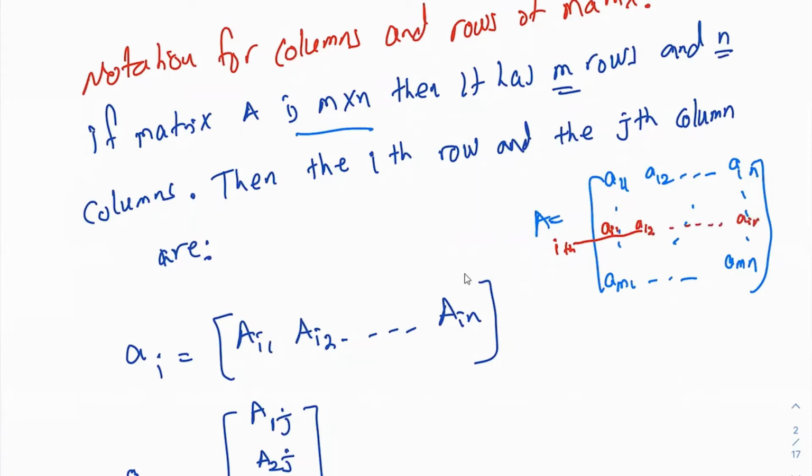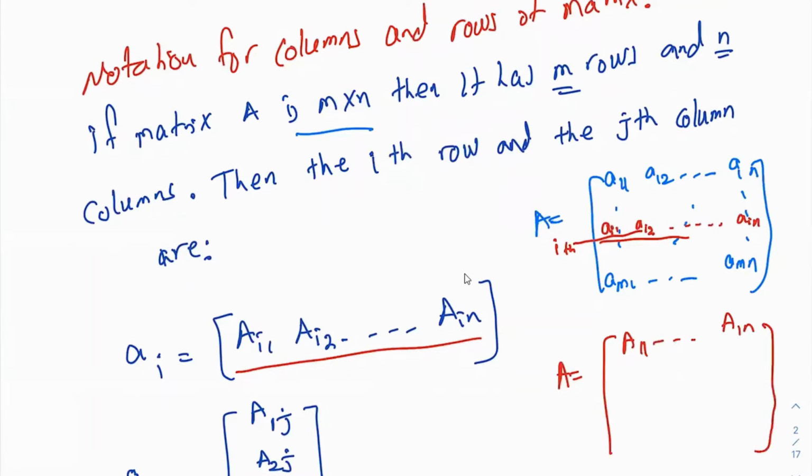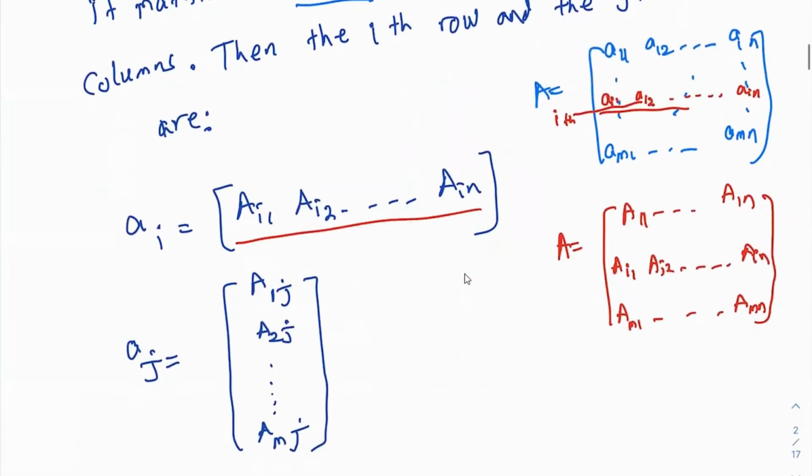Or if you want to show it as a capital letter, this notation is saying it like this. Doesn't matter. This is going to be A11 all the way to A1n, and then Am1 all the way to Amn, and the ith row is going to be Ai1, Ai2, and all the way to Ain. So that's what it says. So this a means the ith row.